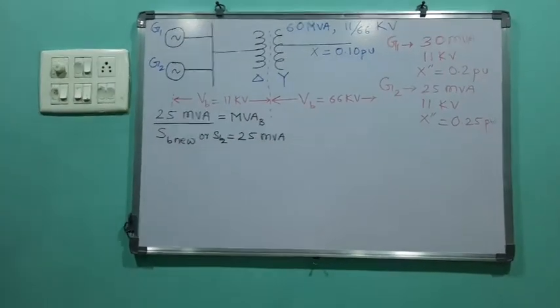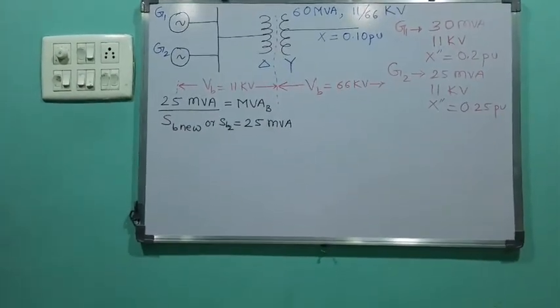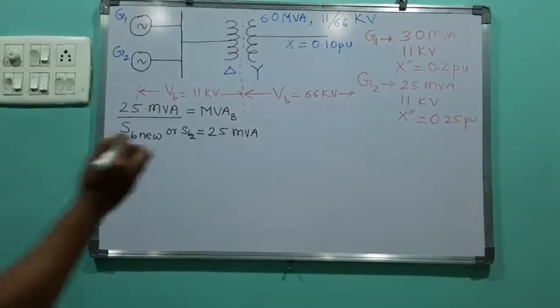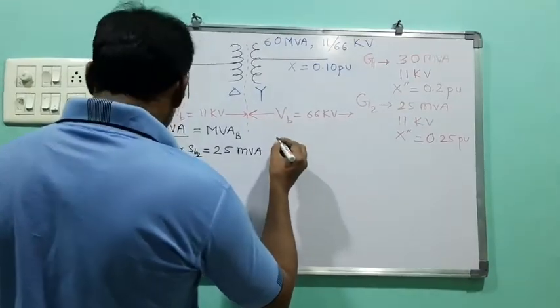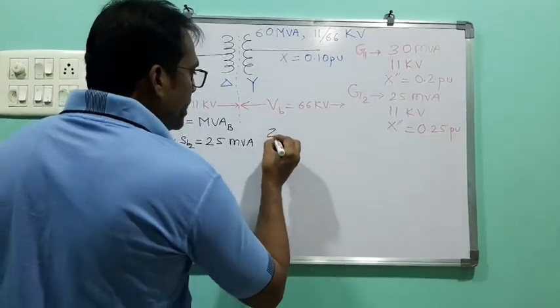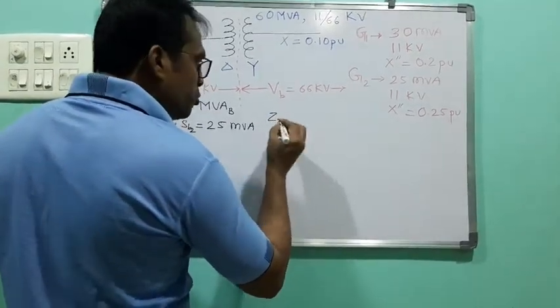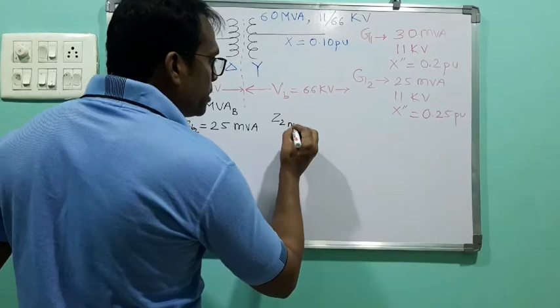Okay, now what do you have to do? You have one formula for calculating the value of Z2, or Z new.